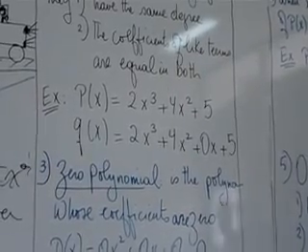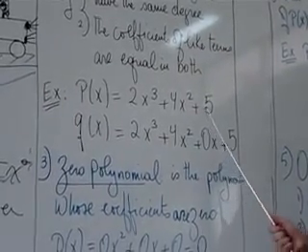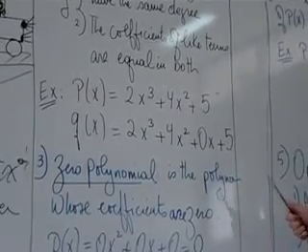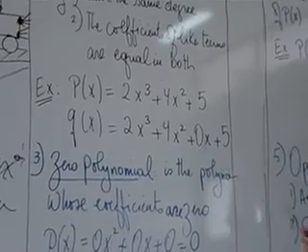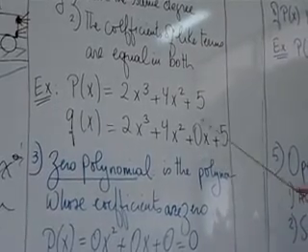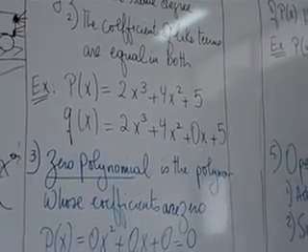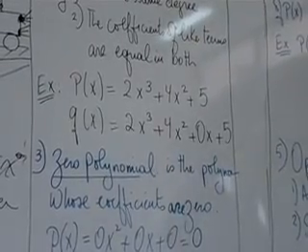I just wanted to tell you that if you don't have an x here, you also need not to have an x of degree 1 in the second one. So you represent it as 0x because 0 times x is 0.